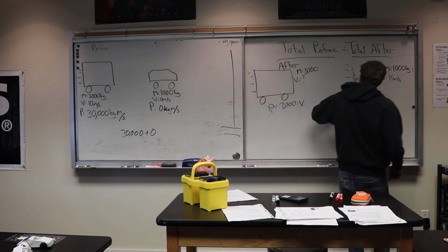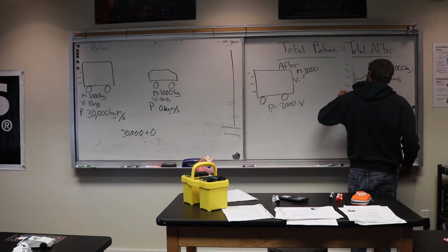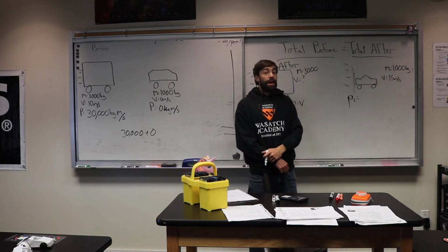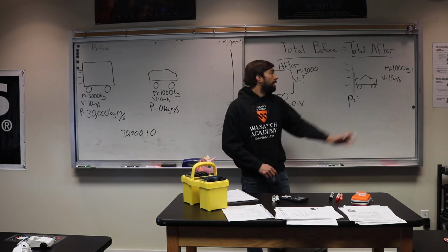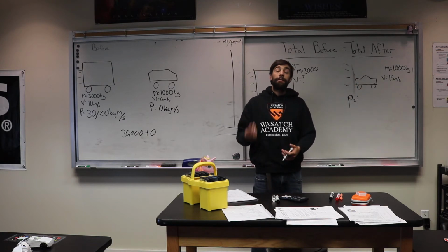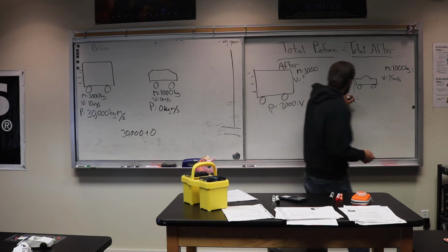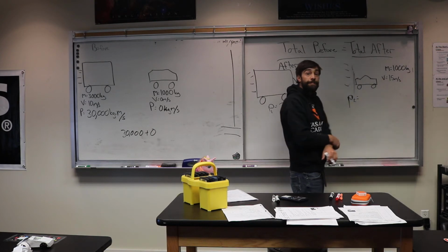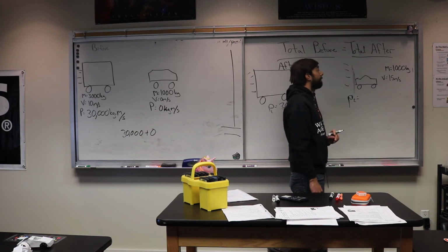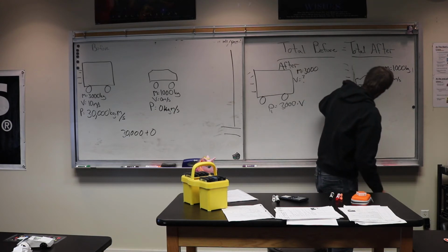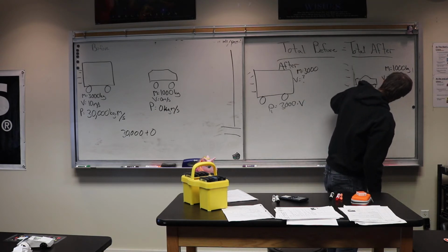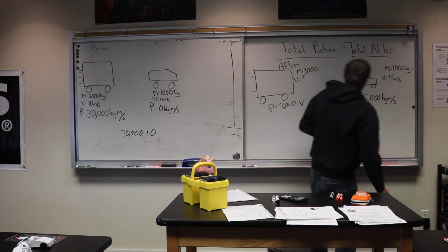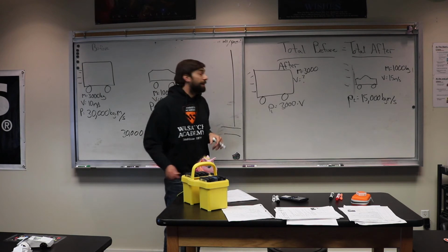Momentum 2 over here: we have 1,000 kilograms is the mass of the vehicle, and its velocity is 15. So I have a total momentum, 1,000 times 15, of 15,000 kilograms meters per second.